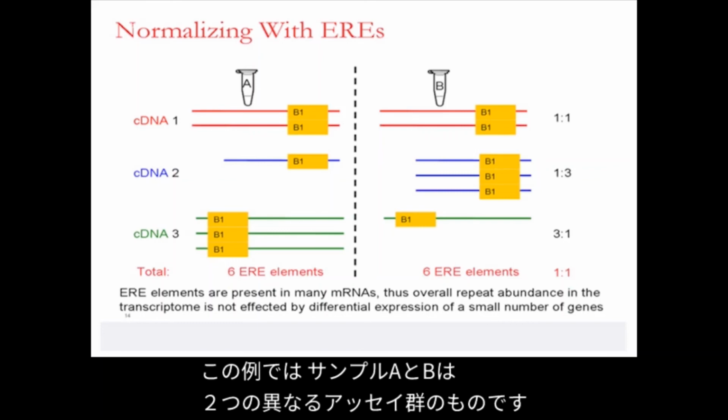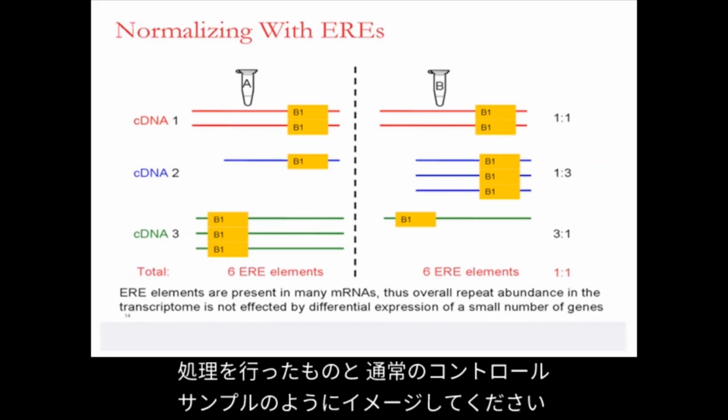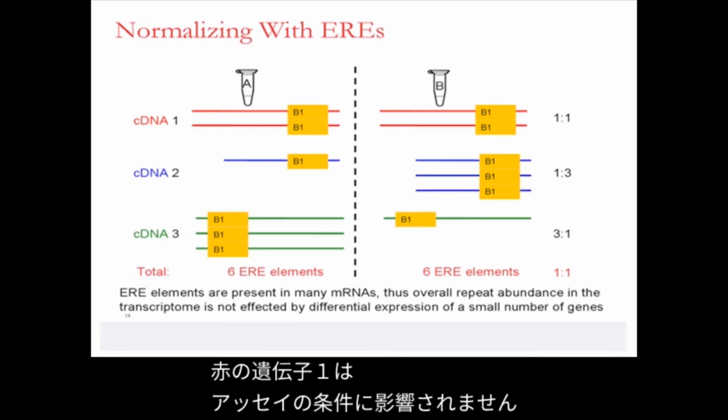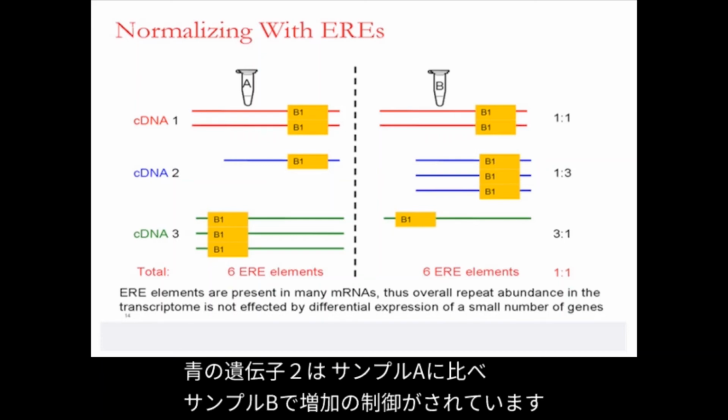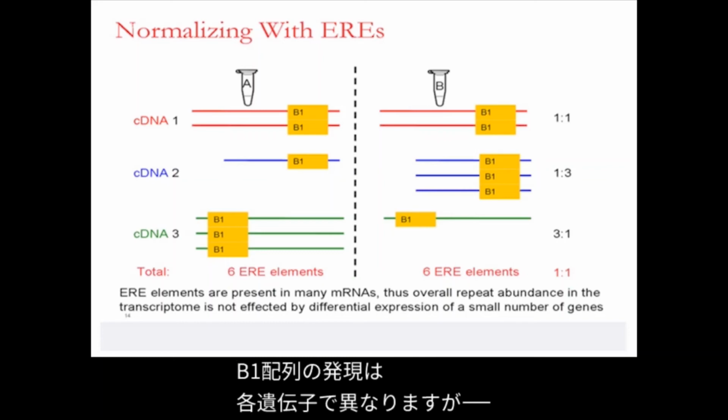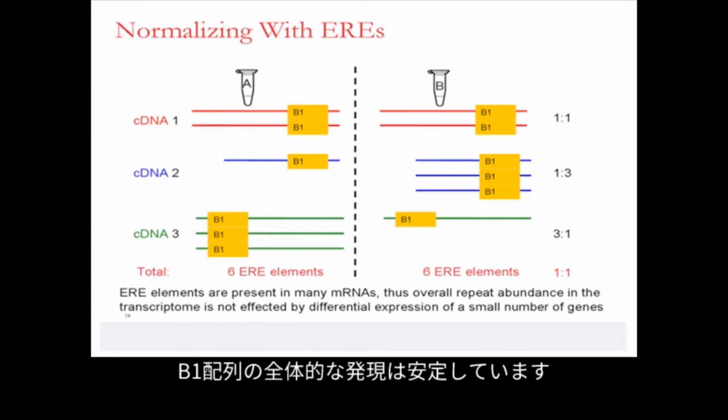In this example, samples A and B have been collected from two different assay groups, such as treated and normal control samples. Gene 1 in red is unaffected by assay conditions. Gene 2 in blue is upregulated in samples B compared to samples A, and gene 3 in green is downregulated in samples B compared to samples A. Even though expression of B1 elements is different for each gene, the overall expression of B1 elements is stable, in this example at 6 expressed B1 elements.